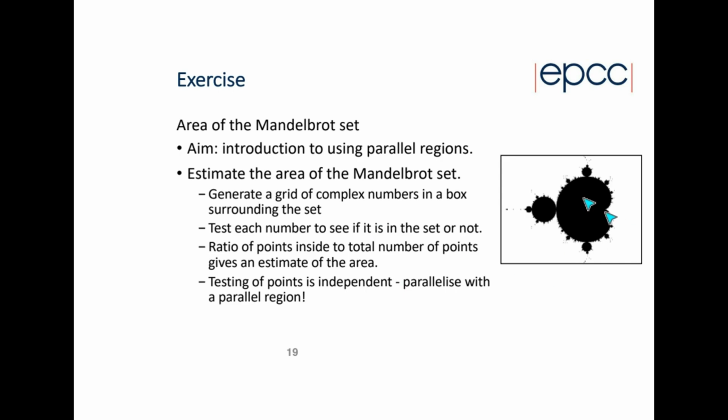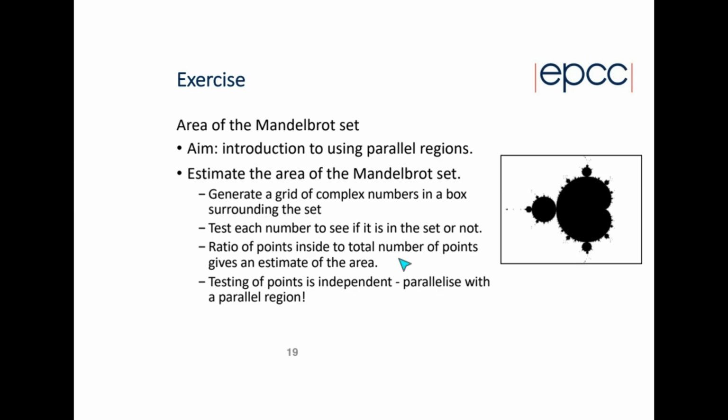What we basically do is draw a box around the outside of the Mandelbrot set. Actually, we just do half of it because of the symmetry. Then we generate a grid of complex numbers inside the top half of the box, and test each of those points on the grid to see whether it's inside the set or not.